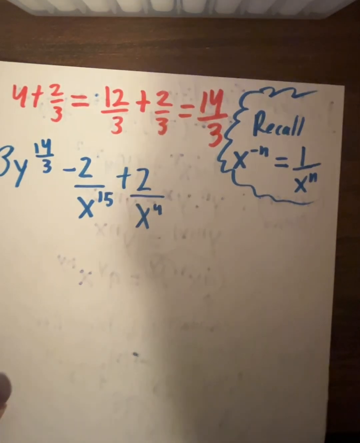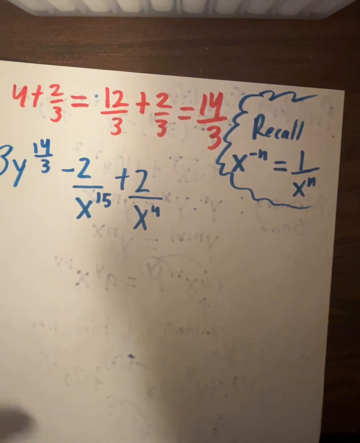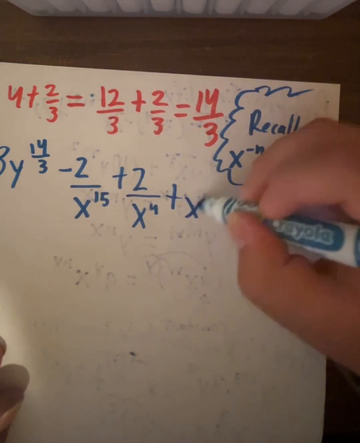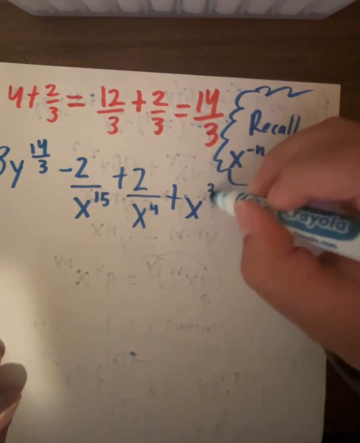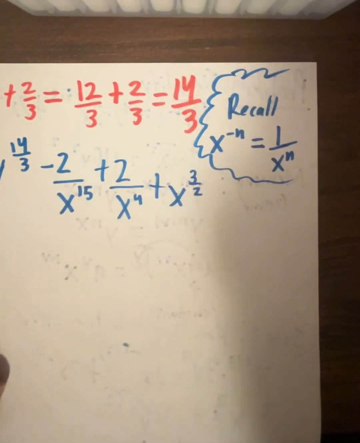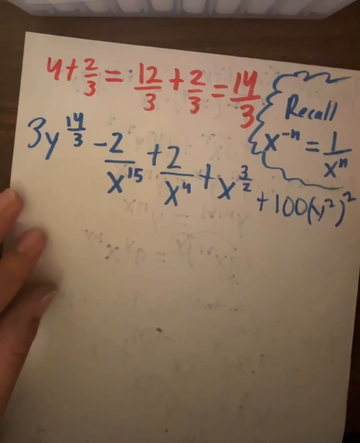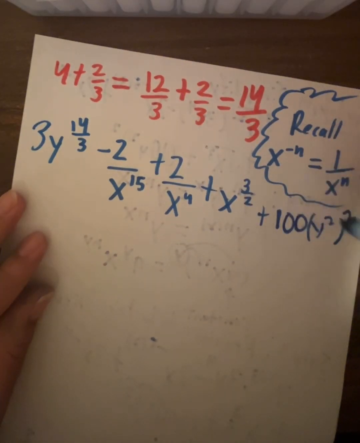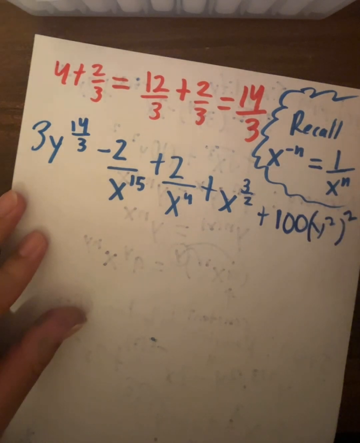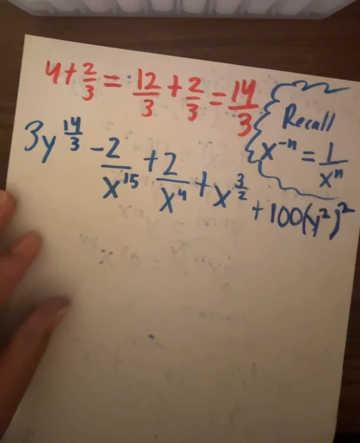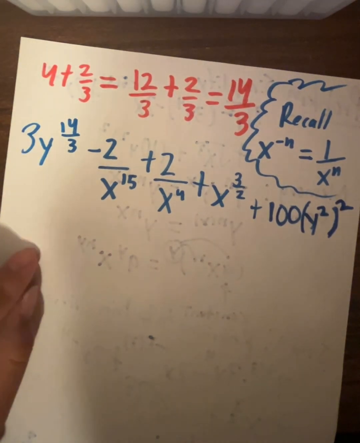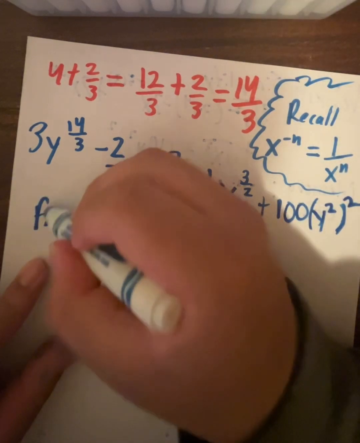And we'll also have the x to the 3/2. And we will also have our 100, because that's 10 to the 2, times our y squared to the 2.